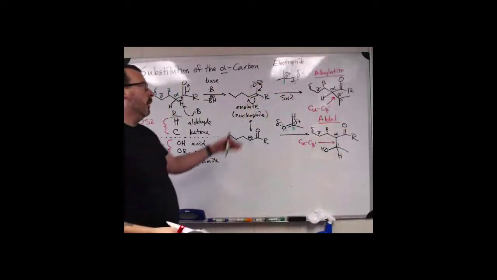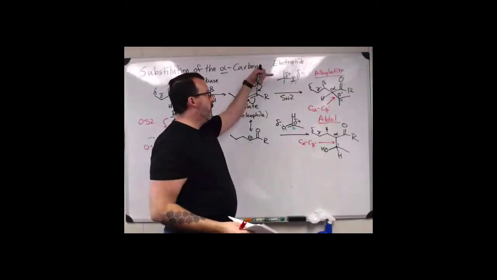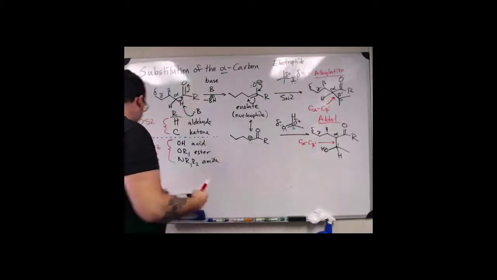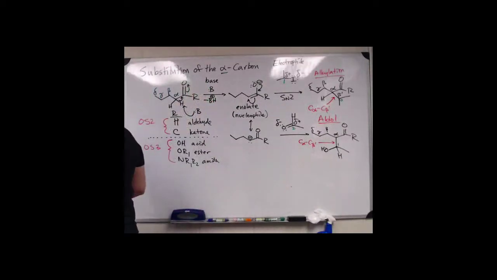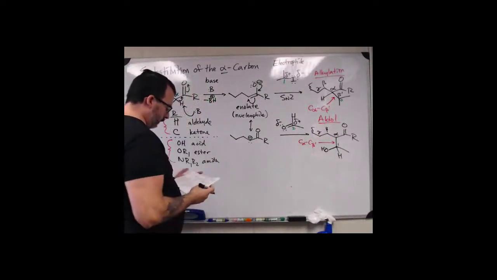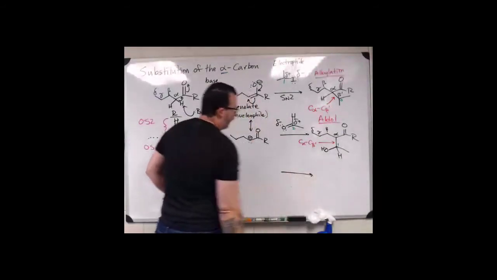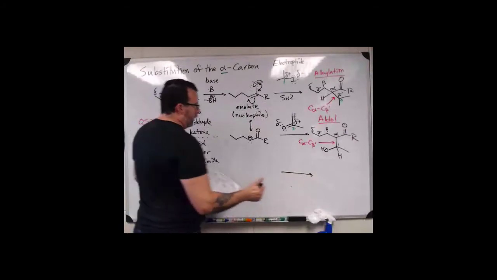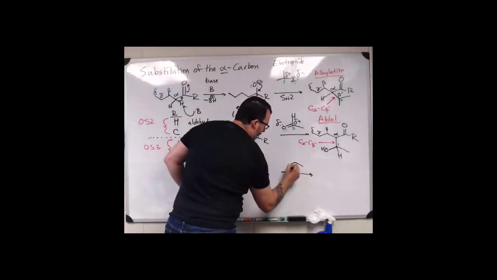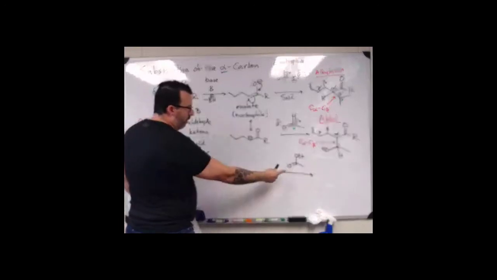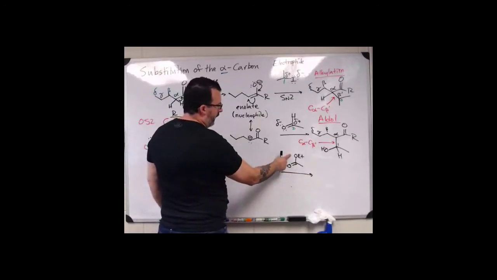And then we're going to look at one more electrophile. So we've gone from 1 to 2. We'll look at oxidation state 3. So if we look at, say, this compound, which is an ethyl ester.